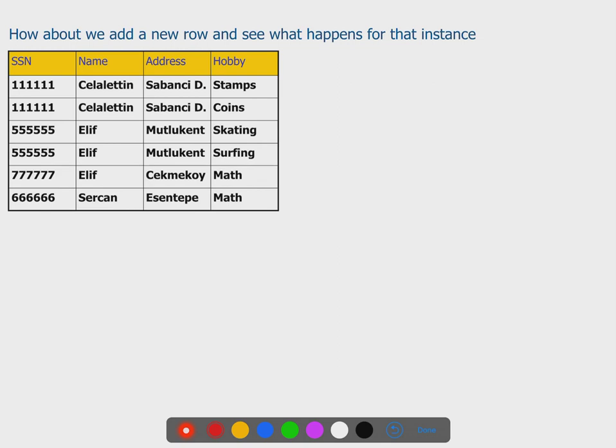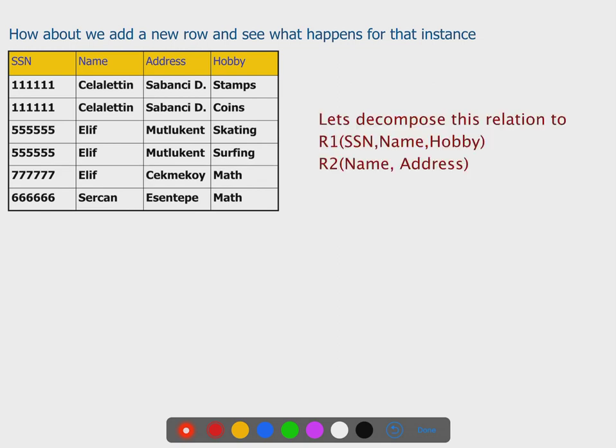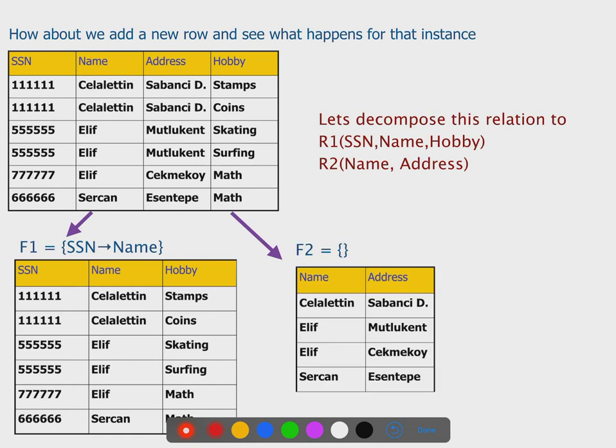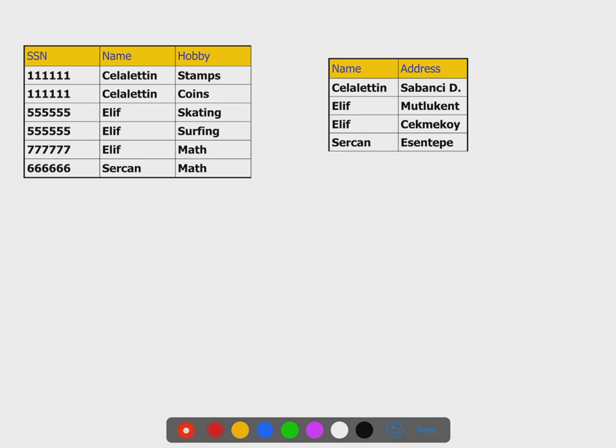Let's look at this particular instance and let's decompose this into again SSN name hobby and name address relations. Again, the functional dependencies are projected. Now, when we join these two relations with natural join on the name, remember the natural join, we take two rows from the two tables.